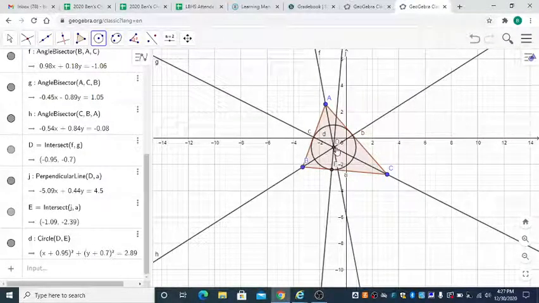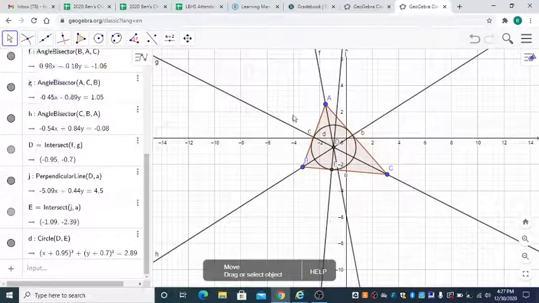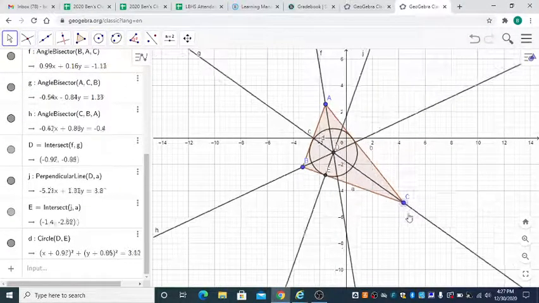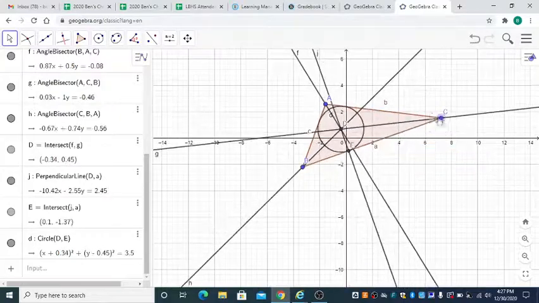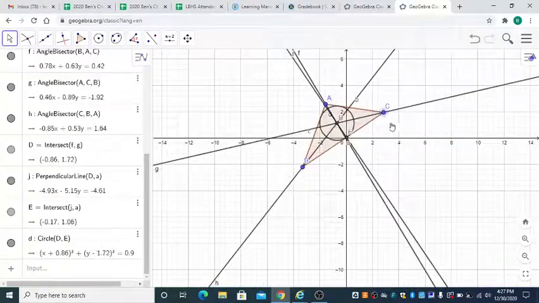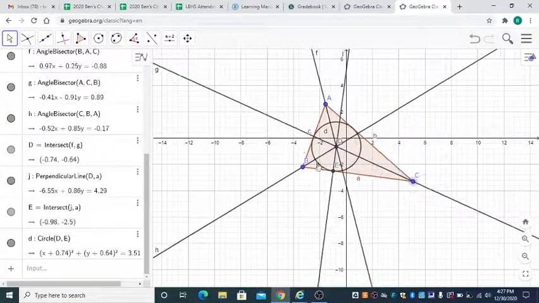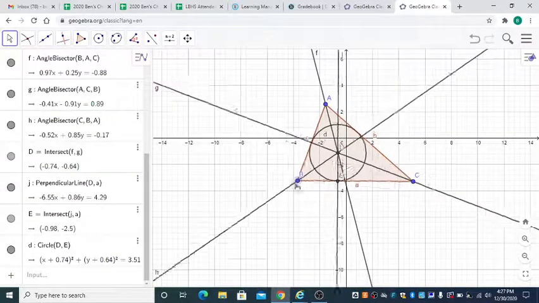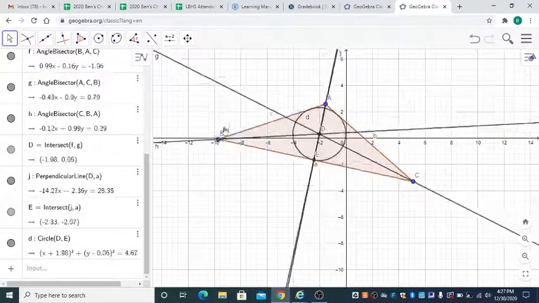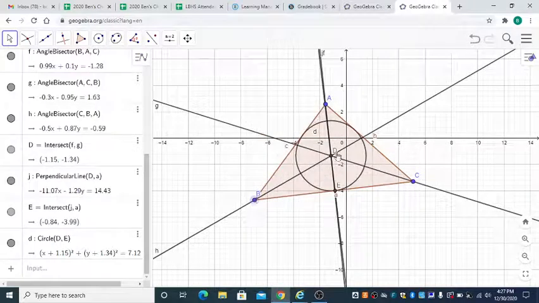That point is the same distance from all three sides. And what you're going to notice as I move these points around, it always remains touching the sides. So that point D is again called the incenter, where the angle bisectors meet.